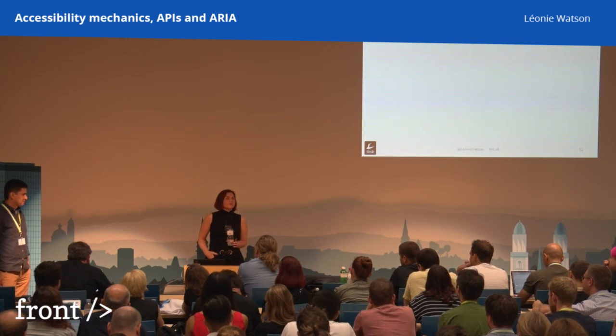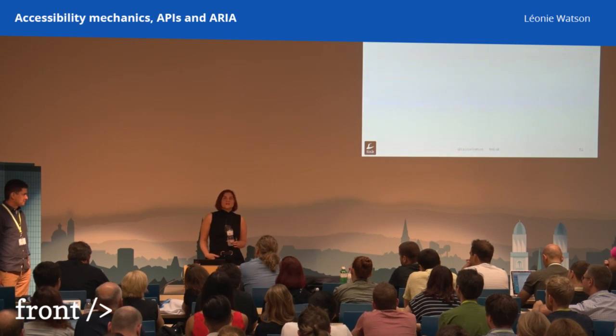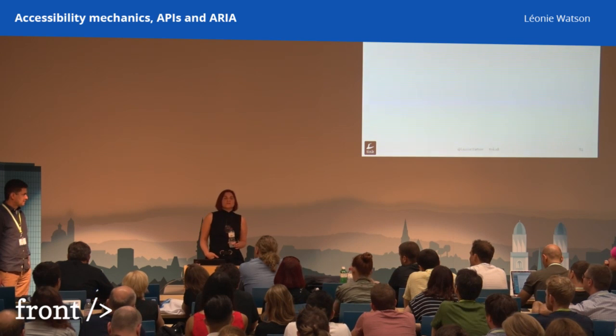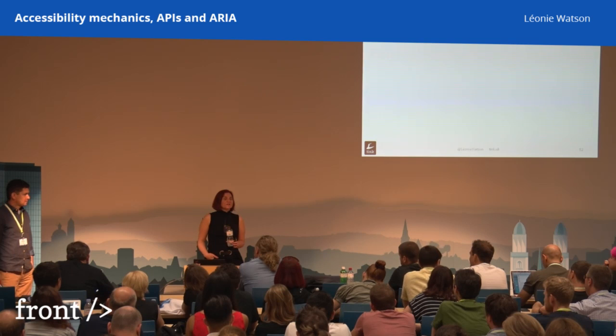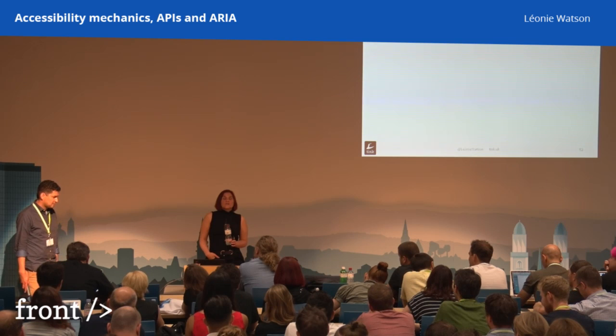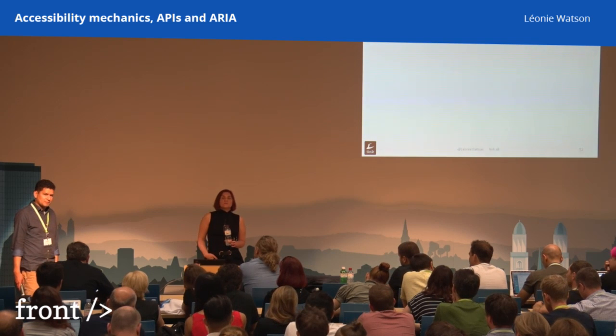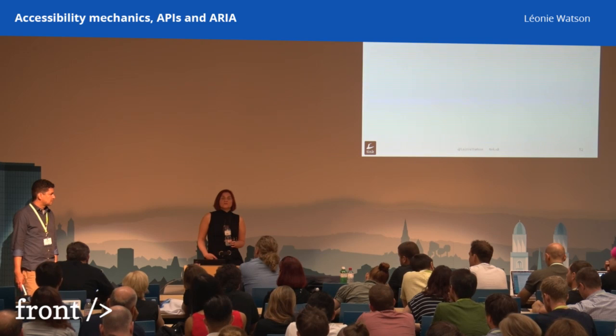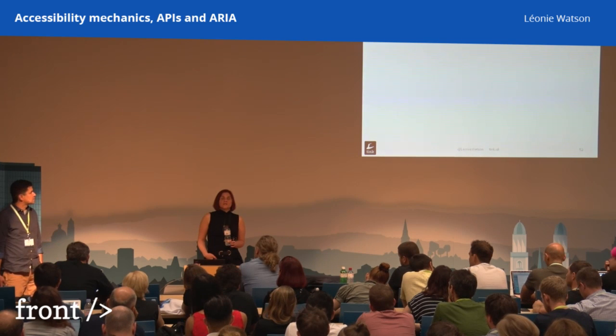For those of you who are not familiar, ARIA hidden will take the element and its content out of the accessibility tree completely. So as far as an assistive technology is concerned, if you have ARIA hidden set to true, that entire chunk of content just vanishes off the face of the earth. There are times when you might want to make something visually available and not available to screen readers. You really need to think about it quite carefully, though.